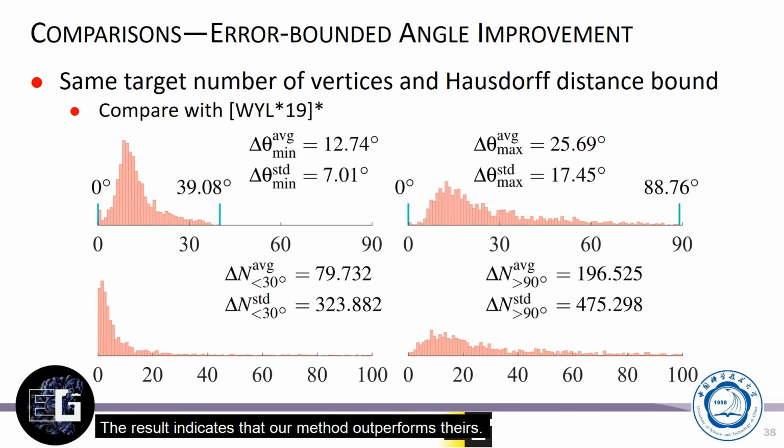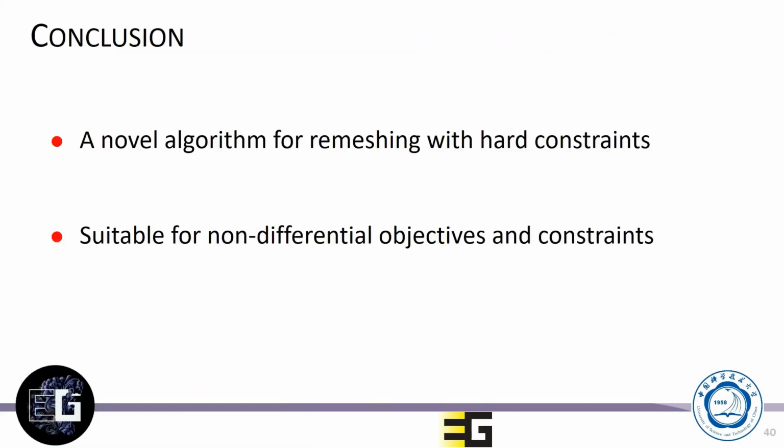The result indicates that our method outperforms theirs. Explicitly checking whether the error-bounded constraint is violated leads to an early entrapment, thereby resulting in insufficient removal of the small and large angles. We present a novel algorithm to remesh triangle meshes with hard constraints.